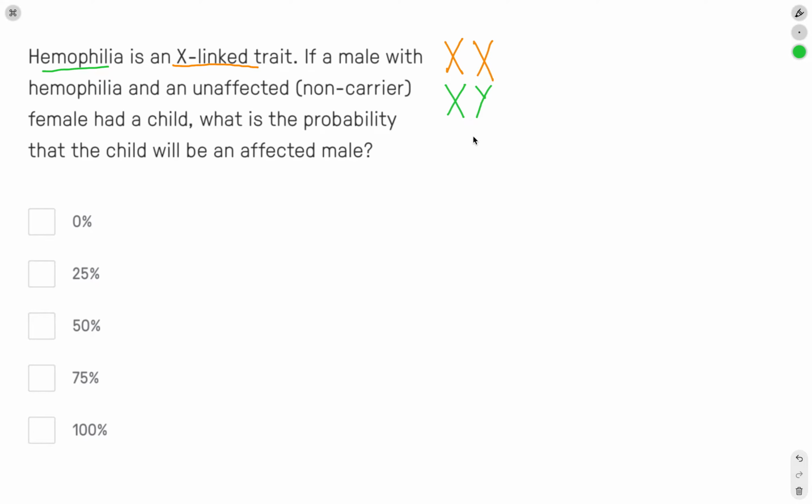But here, for males, you only need one recessive allele to express the phenotype, for a male to show the trait. For females, you still need two, because if you have a dominant allele, the dominant will dominate and the phenotype will be the dominant phenotype.